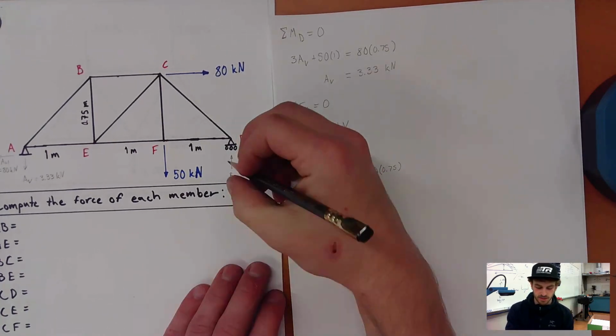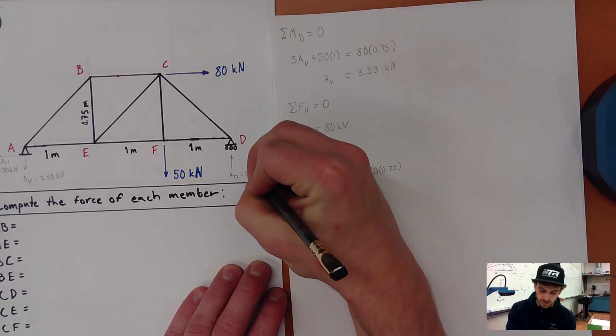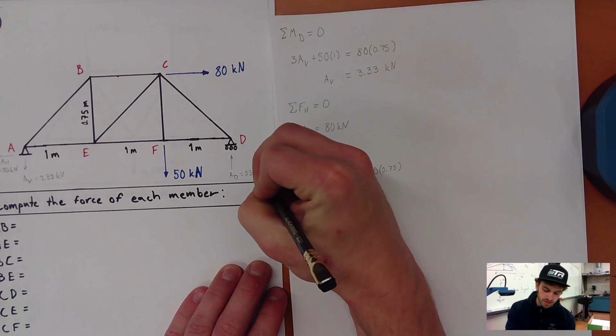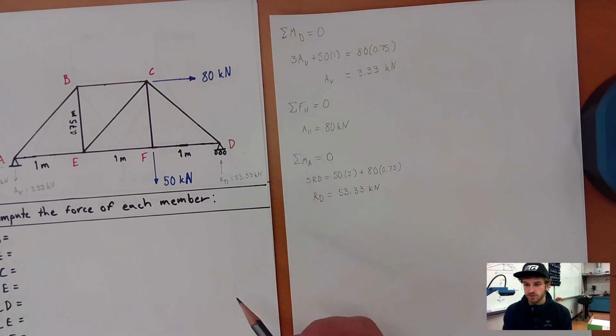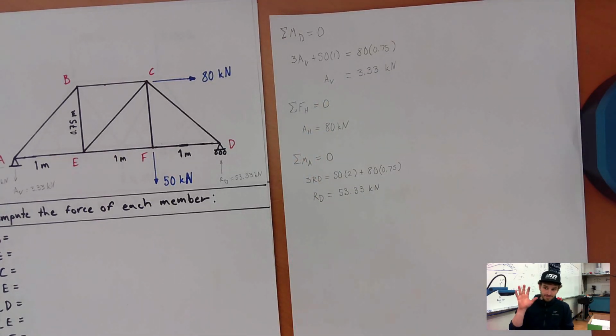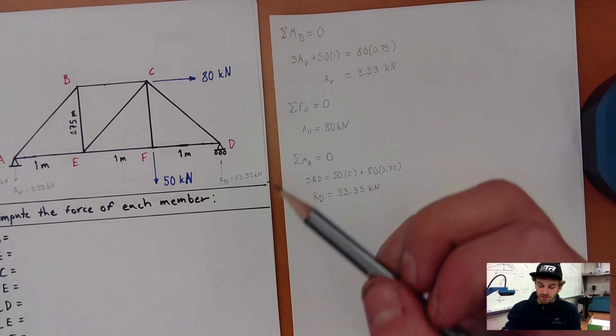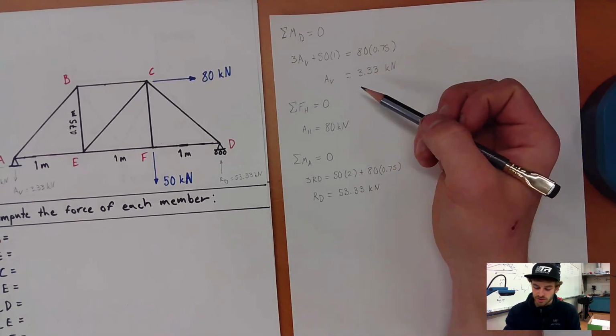So I'm going to type this in here. It is equal to 53.33 repeating kilonewtons. So we check this. We know it's right. It makes sense. Make sure every time that you do a force equation, you bring it back to the basics. You have all the forces in the horizontal direction equal 0.